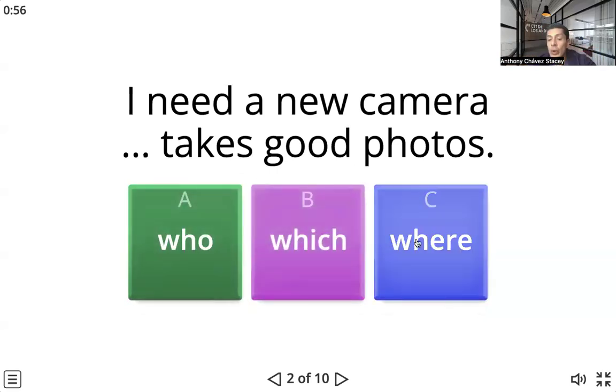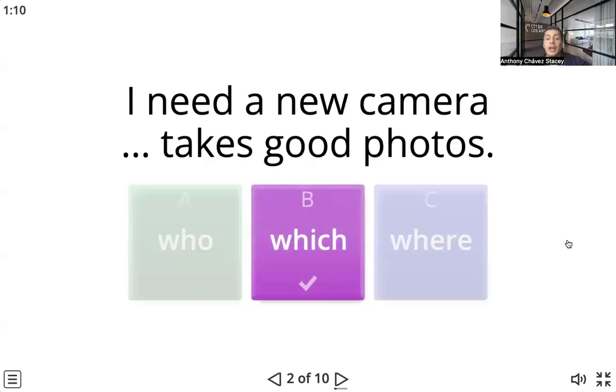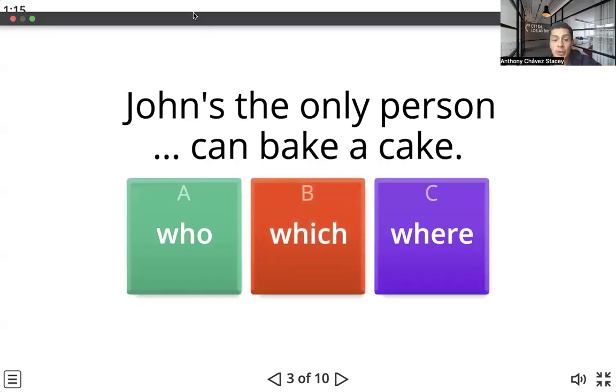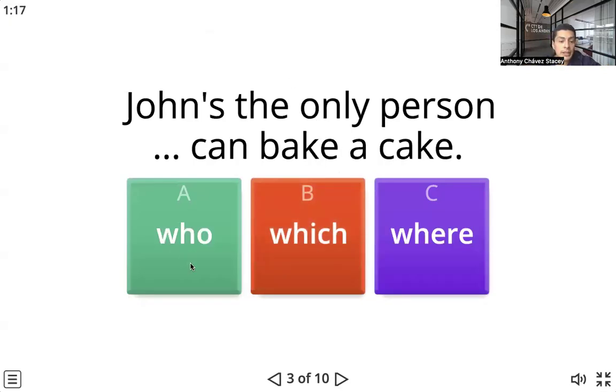Who, which, or where? I need a new camera. Letter B, which takes photos. Good, yes. Now I will be asking some people. Let's continue moving forward. I think that we stopped at Gandhi. Can you help me? Jamie will be number 3.